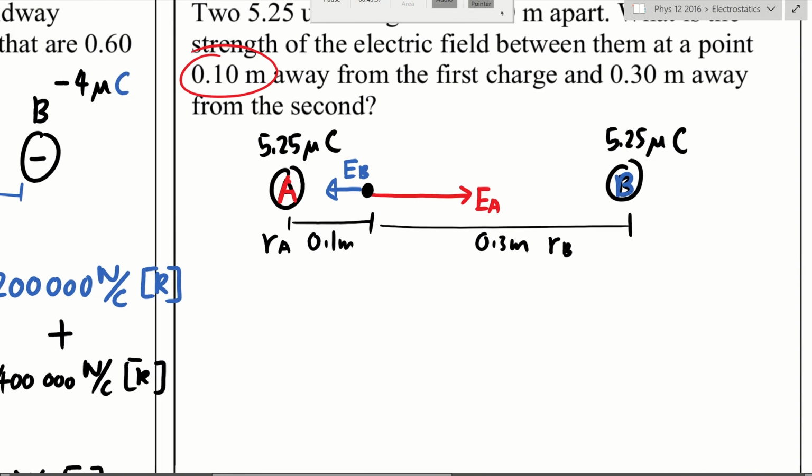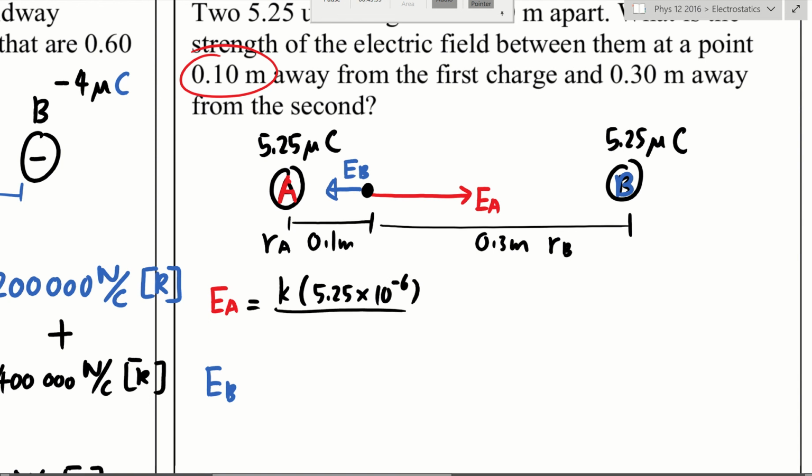So now, just use some magical algebra to figure out EA and EB, and then subtract them. Even though they both turn out to be positive numbers, you subtract them. Why are you subtracting? Because they point in opposite directions, even though they're both positive.